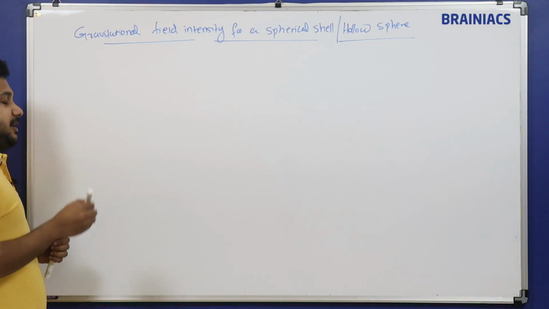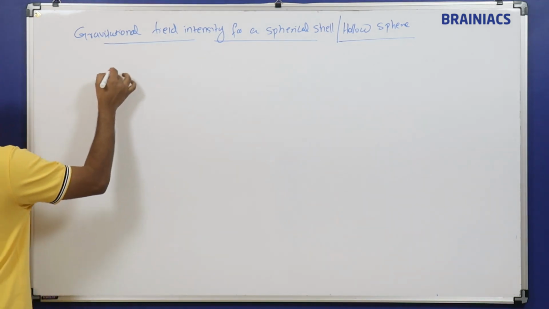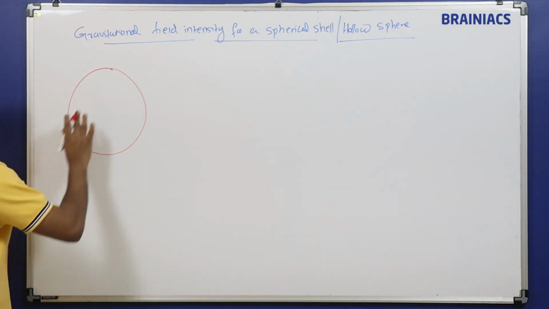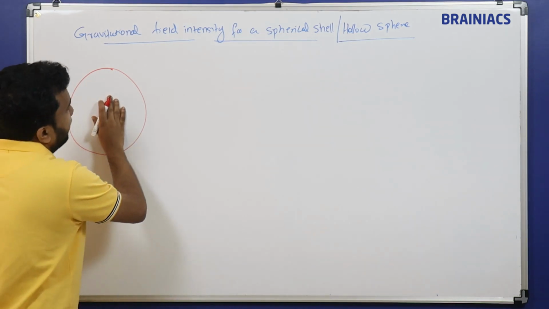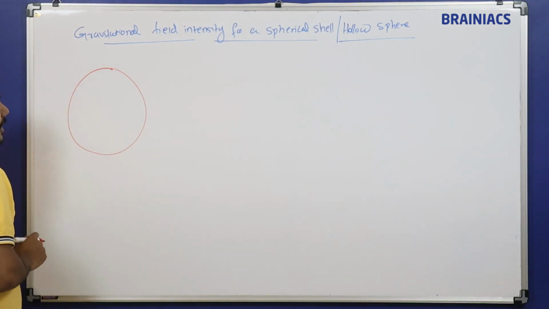So listen very carefully to the board. Here we have a hollow spherical shell, inside it is empty, nothing will be there. We are going to find the gravitational field intensity at various points.